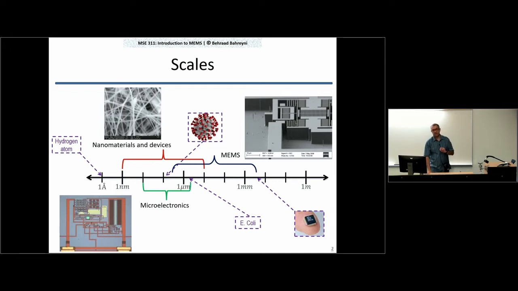So those are the scales that we are dealing with. For MEMS devices that are integrated with circuits, you obviously have a wider range. And if you include the package in your dimensions, you're talking about a few millimeters for most of these devices to a few centimeters from outside, from where we can use them.